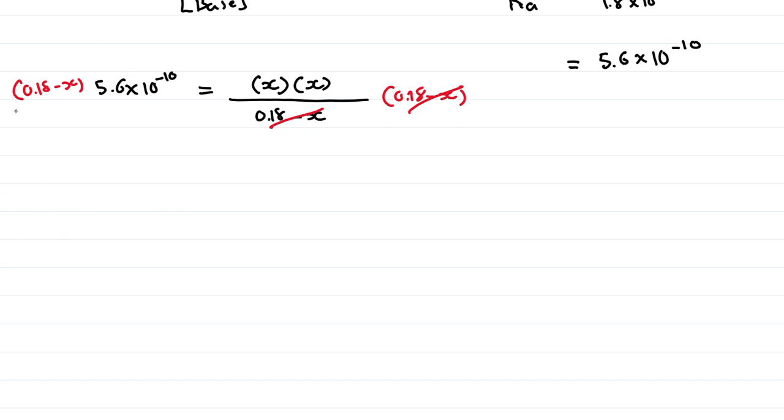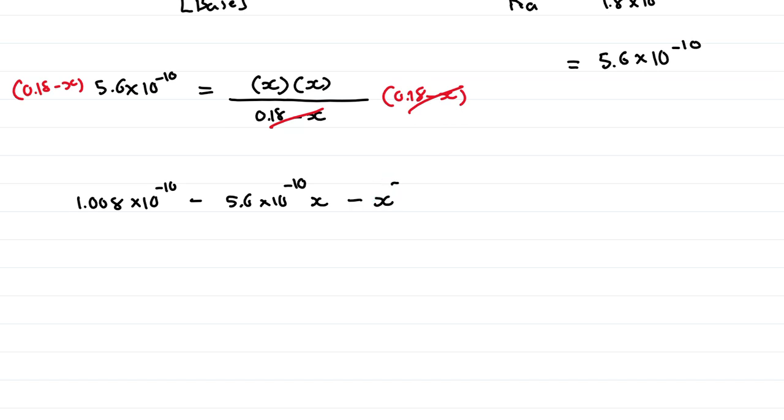5.6 times 10 to the power of negative 10, multiplied by 0.18, and that gives us 1.008 times 10 to the power of negative 10 minus 5.6 multiplied by 10 to the power of negative 10 X is equal to X squared, so we can take that X squared to the other side.